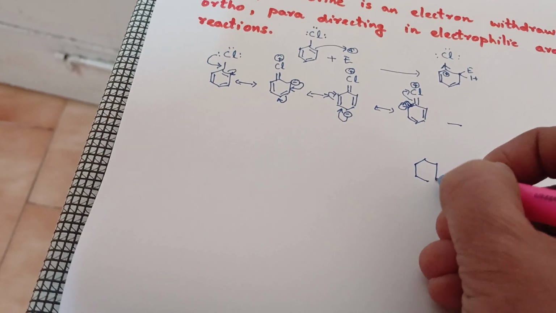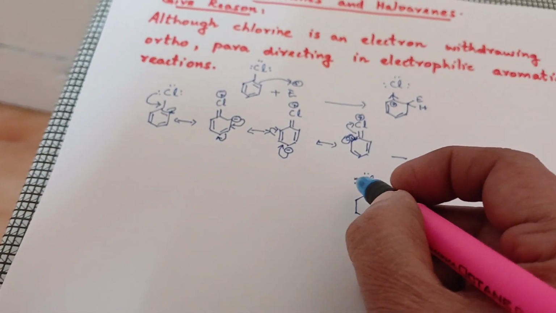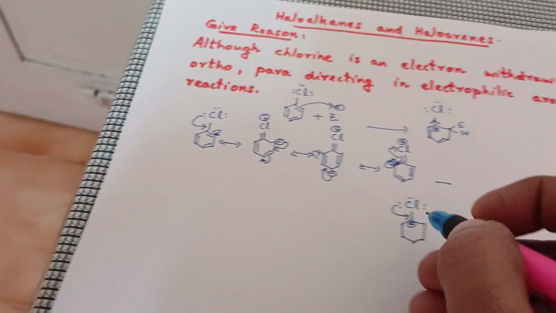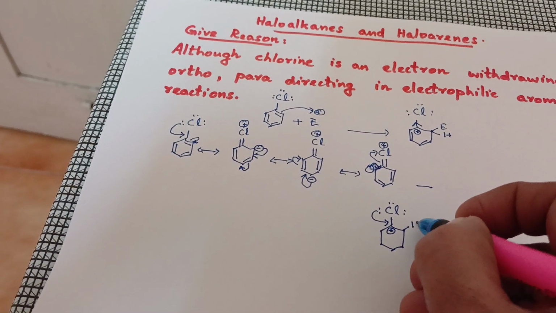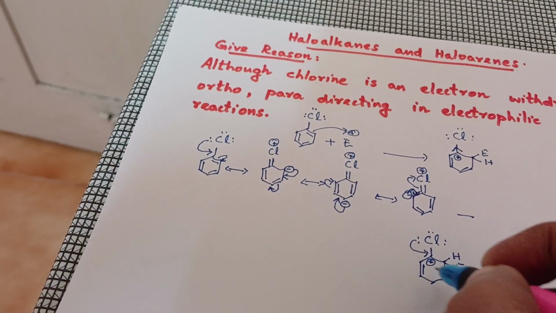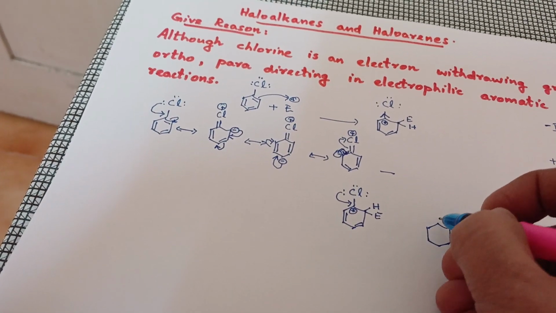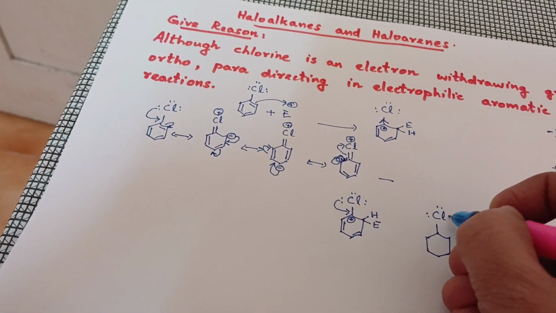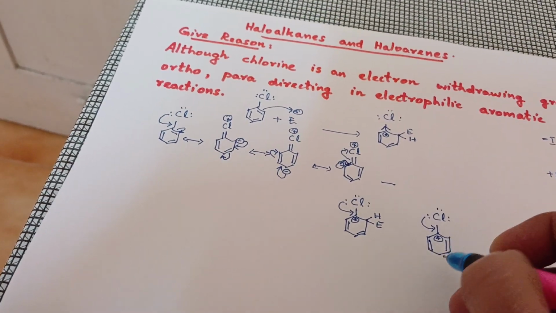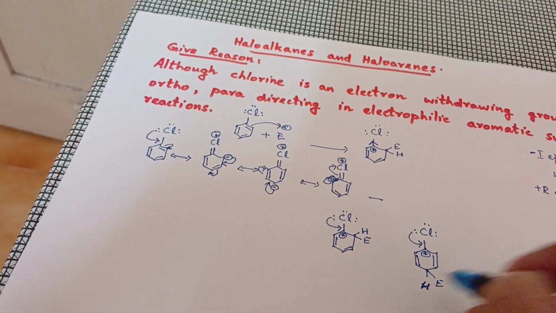So if we look at this, here we are seeing that chlorine is donating electrons, and as a result at the ortho position you have the electrophile substituted, the bonds like this, and at the para position also you will have the electrophile substituted.